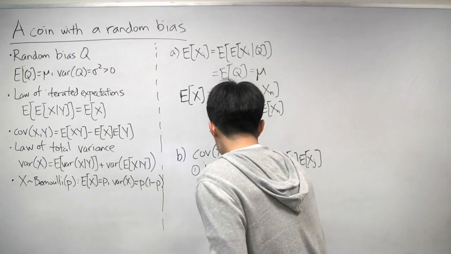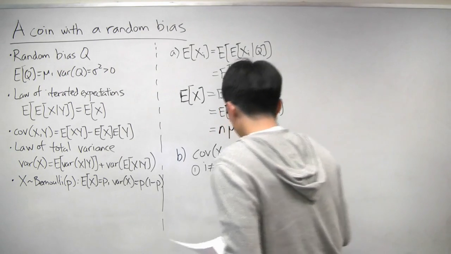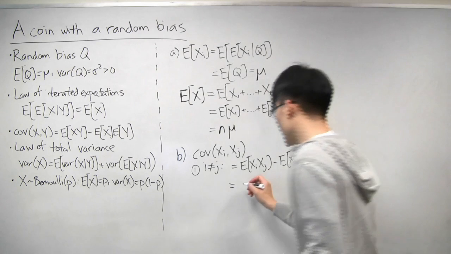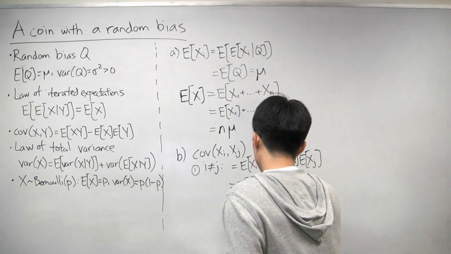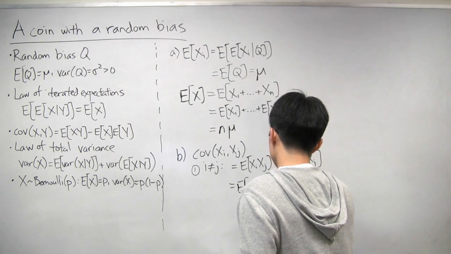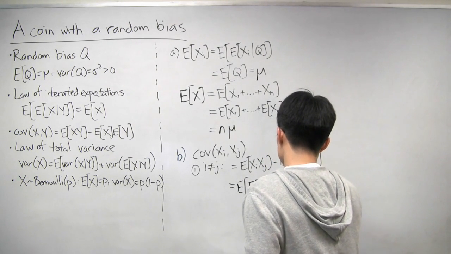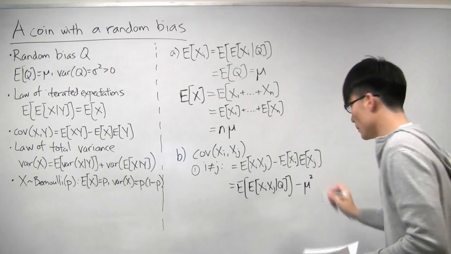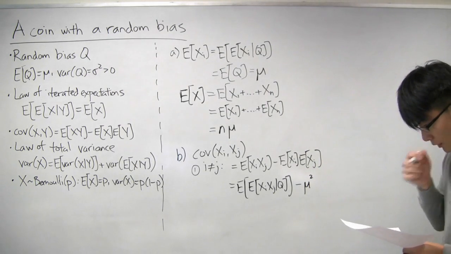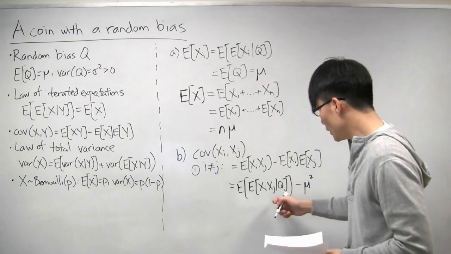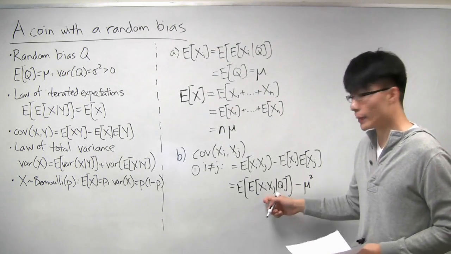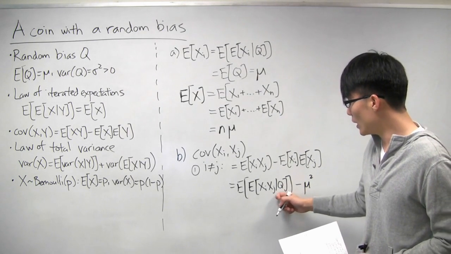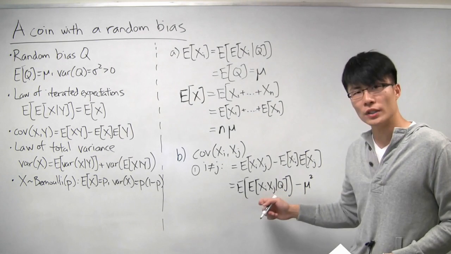Well, for the expectation of xi times xj, we can again use the law of iterated expectations. So let's try conditioning on q again. And remember, we said that this second part is just mu squared. How can we simplify this inner conditional expectation? The problem tells us that conditioned on q, the tosses are independent.